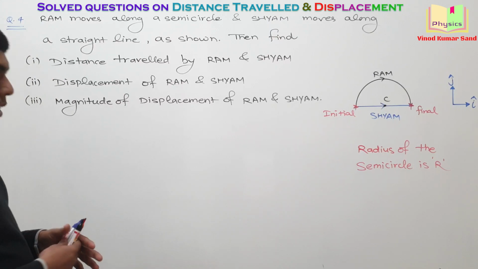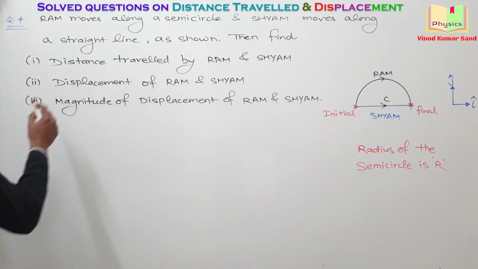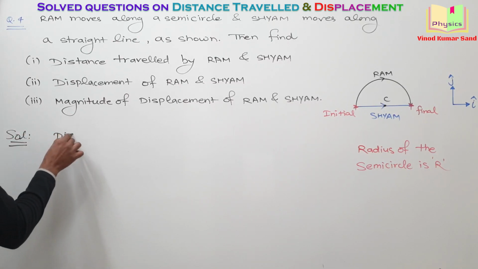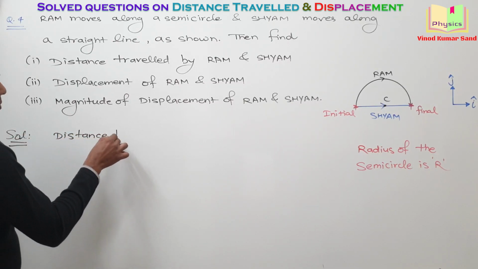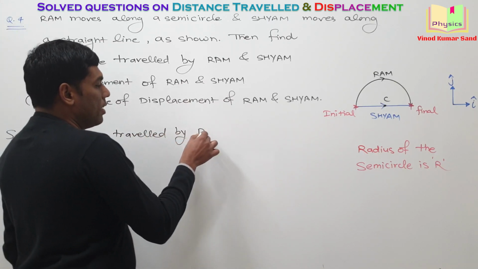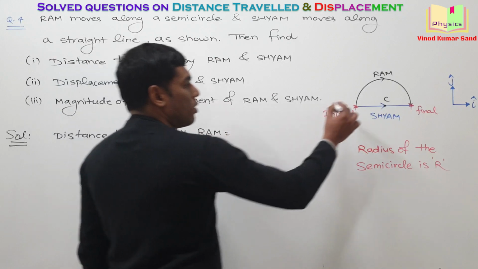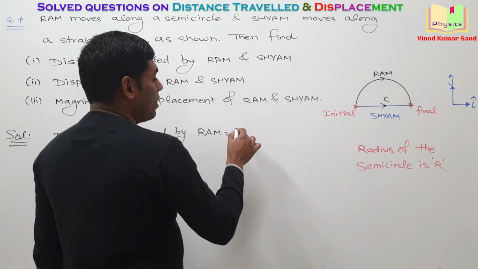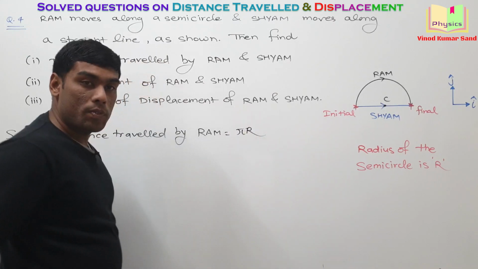I am doing the calculations. The first part is pretty simple. The distance traveled by Ram, you can easily tell the length of the actual path traversed, and length of this semicircle is pi r.